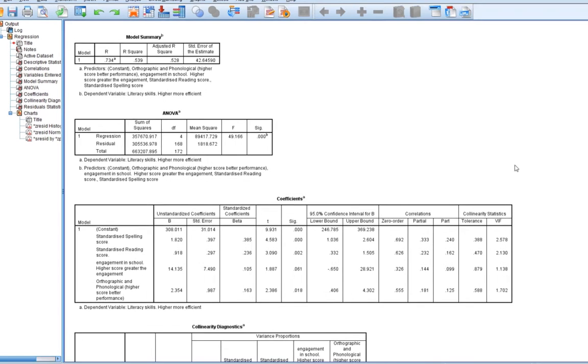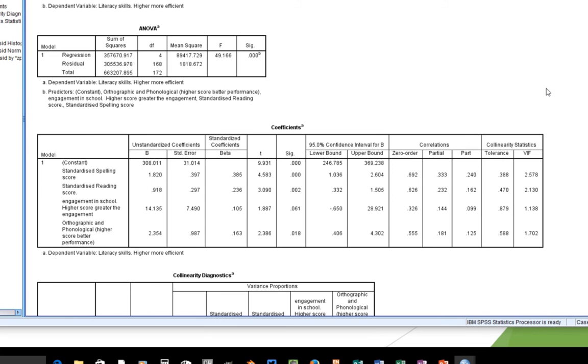And what's their relative importance? There I look at the beta weights. So you can see there that the beta for spelling is the highest, 0.385, it's significant. And so is the beta weight for reading, that's also significant. Then engagement is not significant. And then cognitive skills, the orthographic and phonological, is significant.